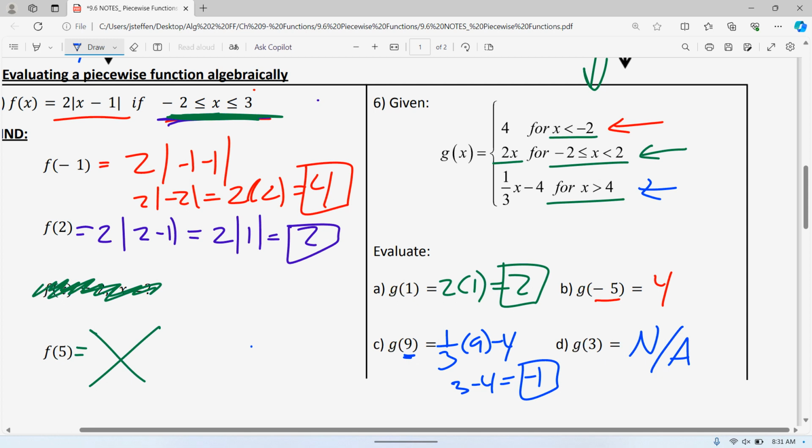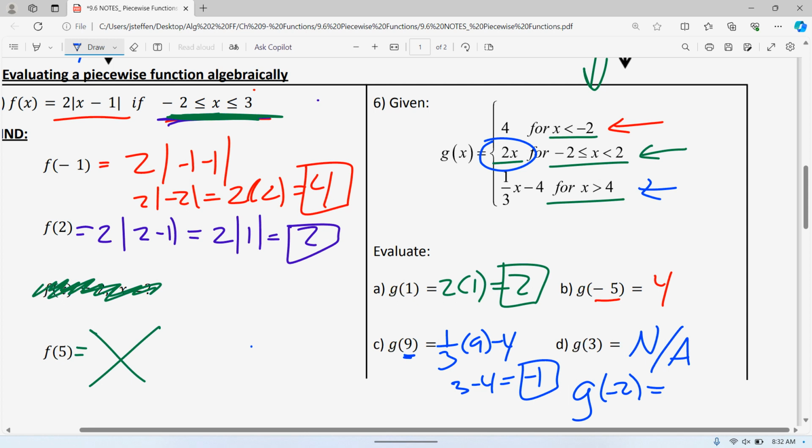I will say be careful if it says g of -2, because that's when you really have to pay attention. Does -2 fall into this equation or this equation? Which equation does -2 belong with? If you have g of -2, you have to use the second equation because that's where it has the equal to part.